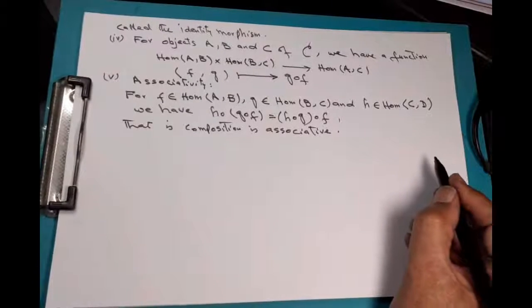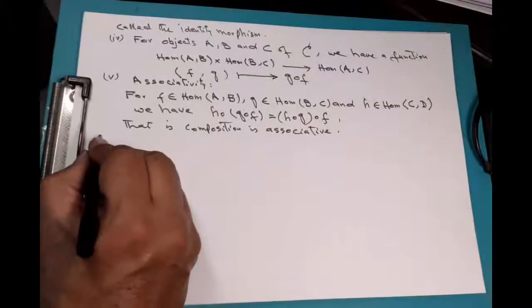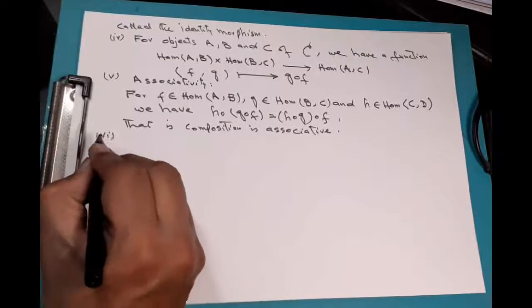So this was the fifth condition, and you know the sixth condition, that is about identity morphisms.